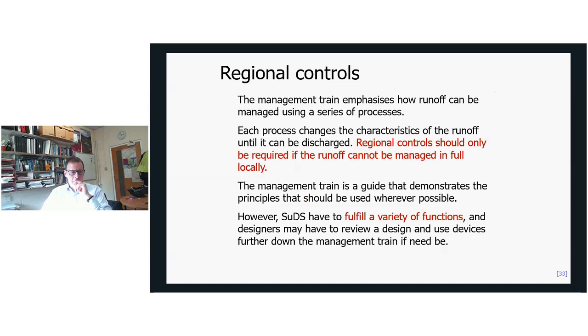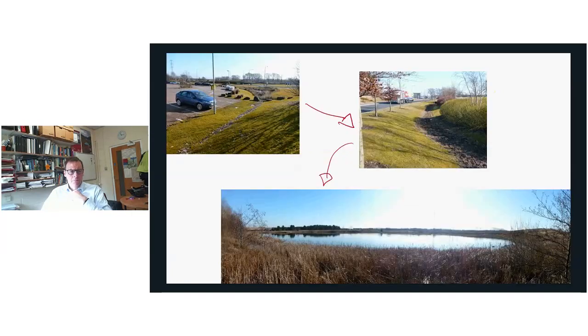And then on to regional controls, which again I've run through. And so we'll come back to this SUDS scheme in the case study in class 6D. I hope I've now recorded it, but that's the intention.